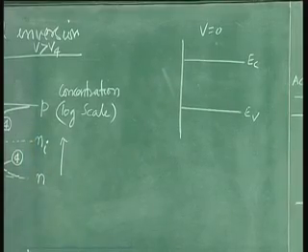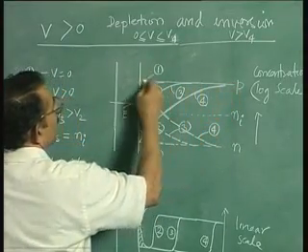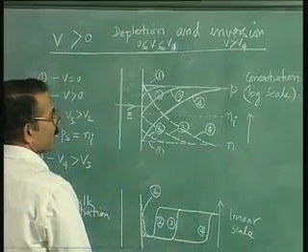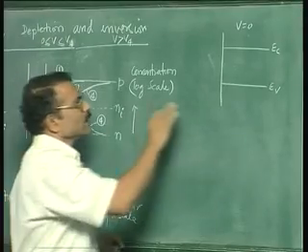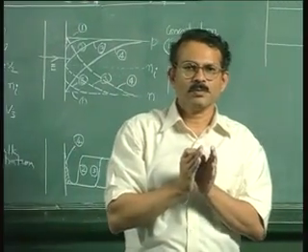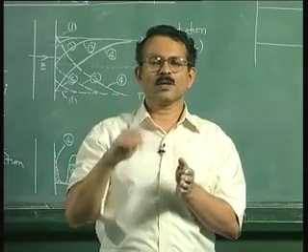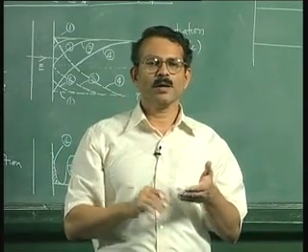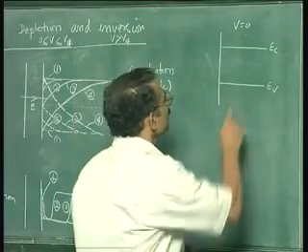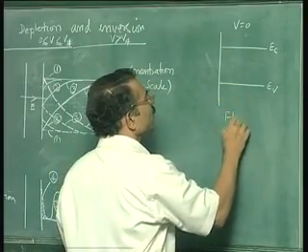So recall that the hole concentration is flat and electron concentration is flat for V equal to 0. So these flat hole and electron concentration conditions translate to flatness of the conduction and valence band edges, and therefore this condition is called the flat band condition.